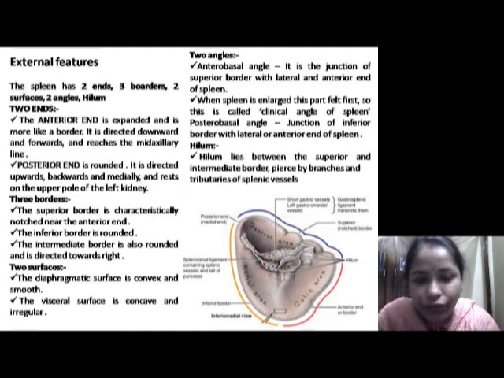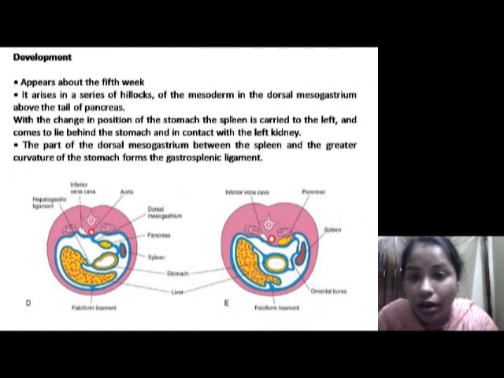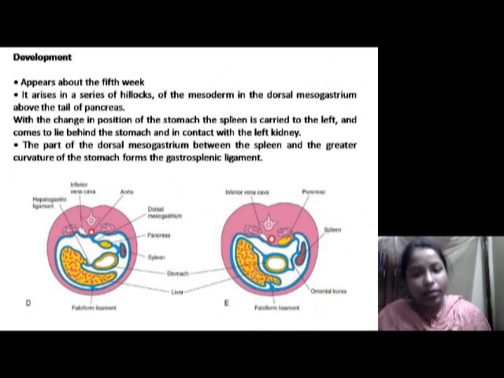Then coming to the developmental part of the spleen. The spleen develops from mesenchymal cells in the dorsal mesogastrium during the 5th week of gestation.